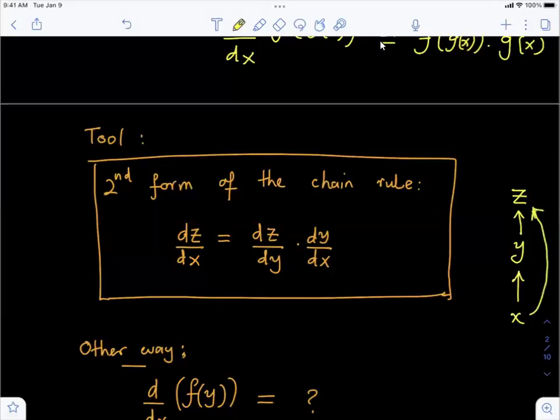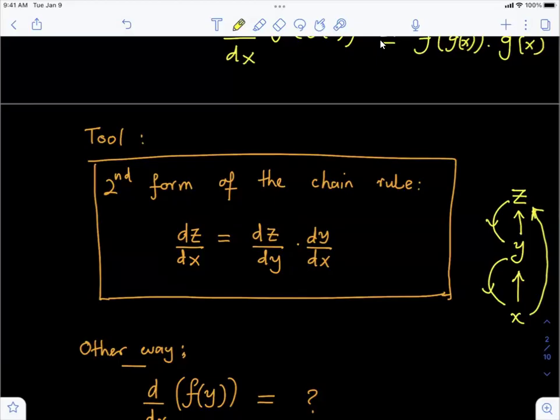Therefore, why can't we talk about the derivative of z with respect to x? However, this process can be carried out directly by taking the derivative of z with respect to y, just by following these steps, rather than jumping right away to the derivative of z with respect to x.